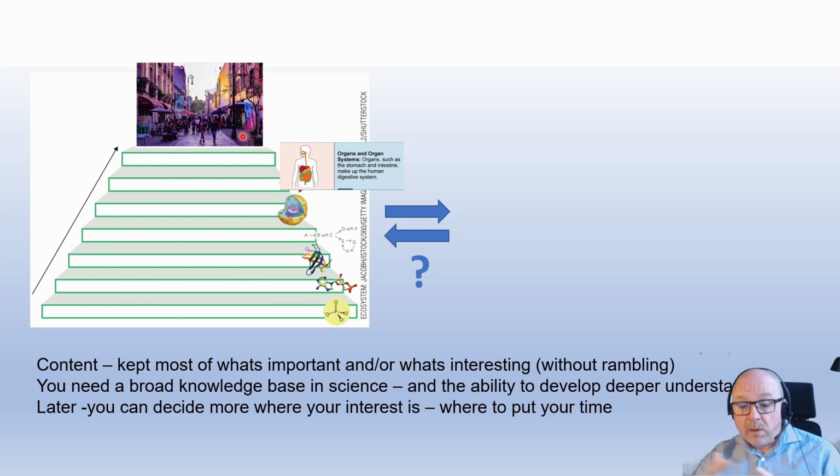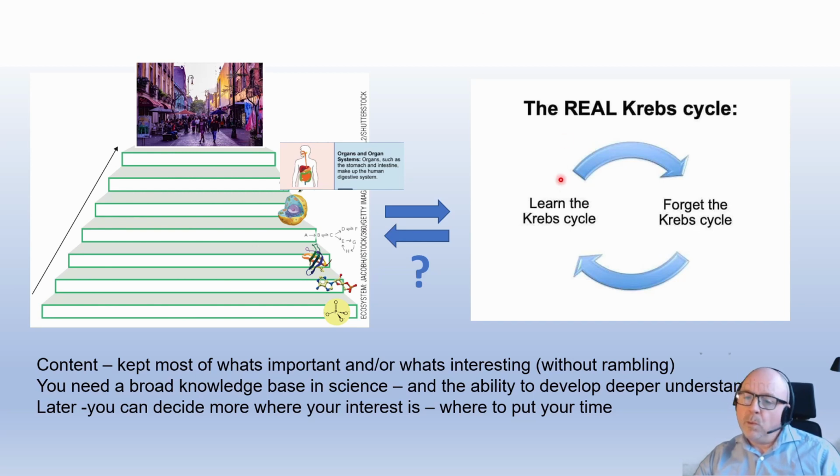I hope that we have succeeded somewhat, and I hope we avoid this situation, the real Krebs cycle, where you learn the Krebs cycle, forget the Krebs cycle, and you learn the enzymes in glycolysis and forget the enzymes in glycolysis. Will you need to know all the enzymes in glycolysis? No. Will you need to know the key ones? Yes, you should, right?